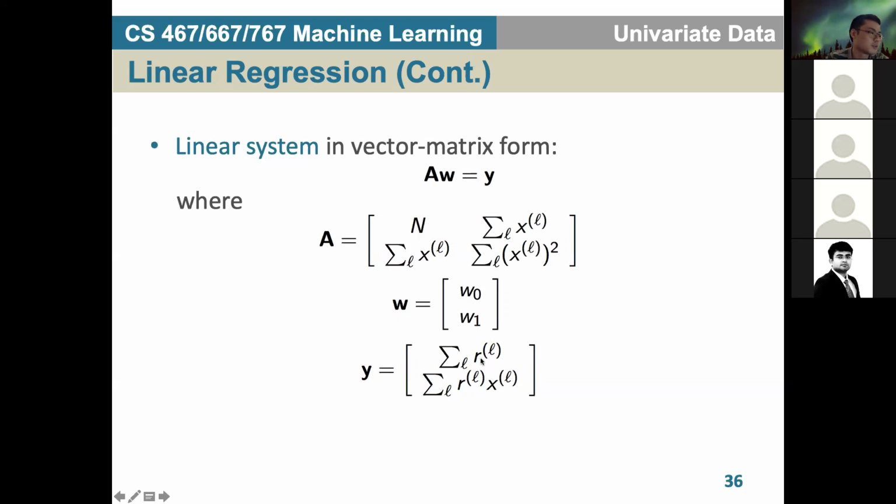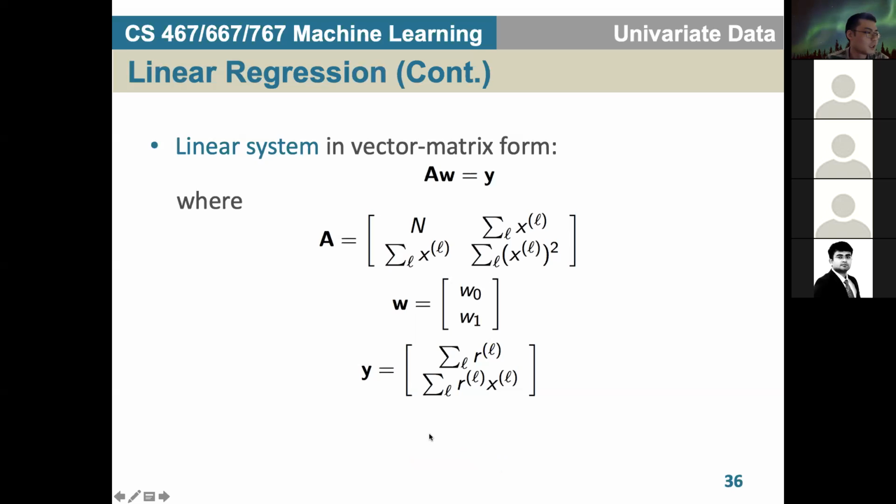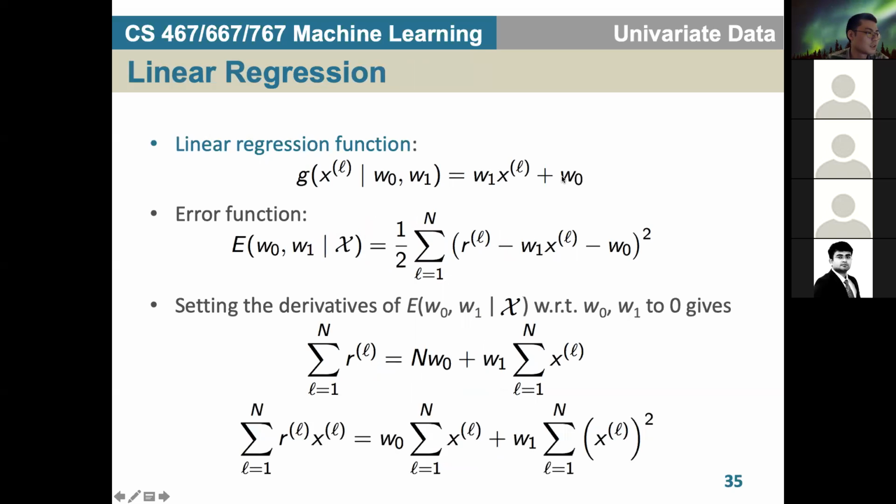A and y are constants, and w is the value we want to fit. So all we need to do is w equals A inverse y, multiplying A inverse on both sides. This is our W estimate, our estimation for W1, W2, given those data.